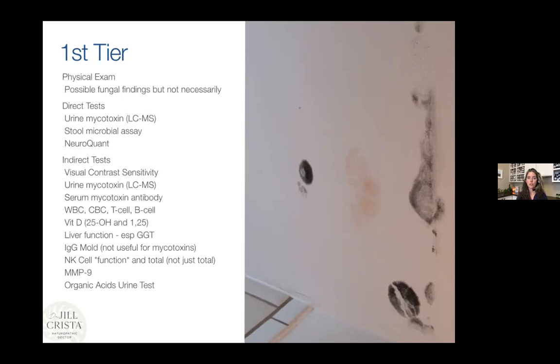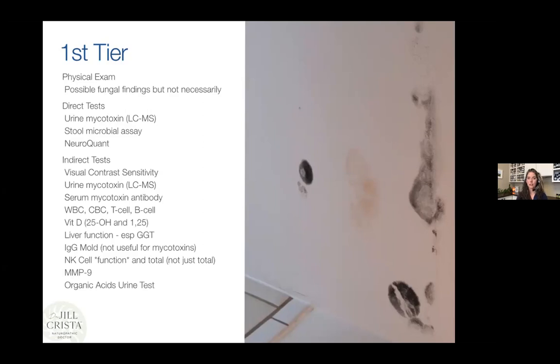A NeuroQuant shows the brain changes that can happen with mycotoxin and mold exposure. You can also look at signs on a white blood cell count, a CBC, checking their vitamin D, and checking their liver function. Liver enzymes do go up with mycotoxin exposure. An IgG or an IgE for mold is not useful for mycotoxins, but it is if they have an allergy to the spores.